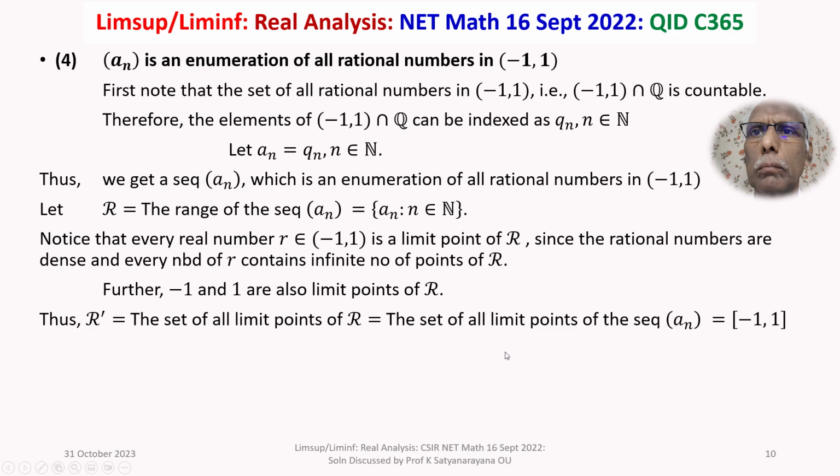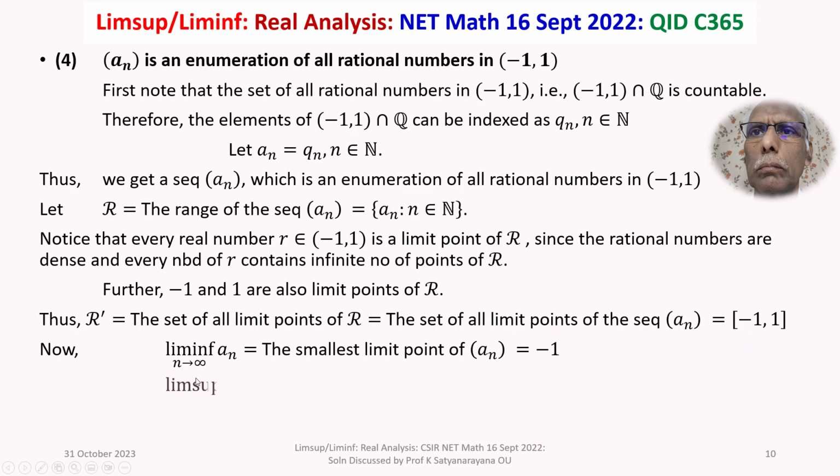So now we have found all the limit points of the sequence. Now, the limit inferior of An will be the smallest of all the limit points. All limit points we know, and this is the closed and bounded interval -1 to +1. The smallest limit point is -1.